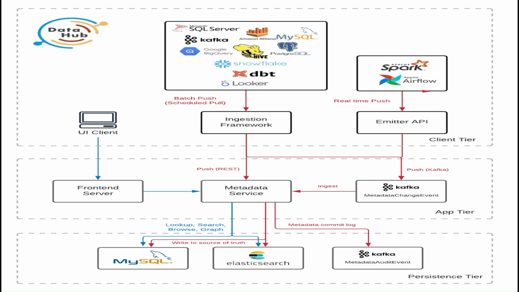The metadata service is the core component in DataHub. It coordinates almost everything, with connections to the front end, back end, everything. Once it gets the metadata, it ingests into three places: a MySQL or Postgres database, which is the single source of truth.